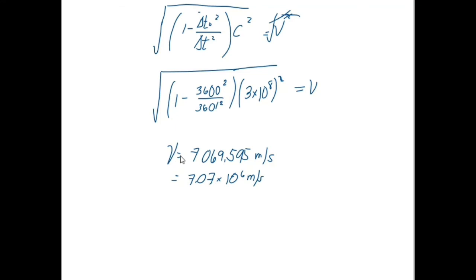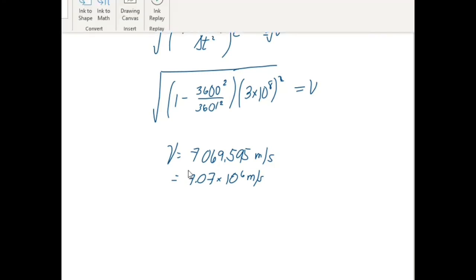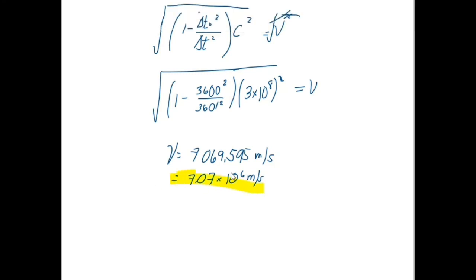Okay, so that is the velocity of the spacecraft. Alright, so our answer is 7.07 times 10 to positive 6 meters per second. So that is the relative velocity of the spacecraft.